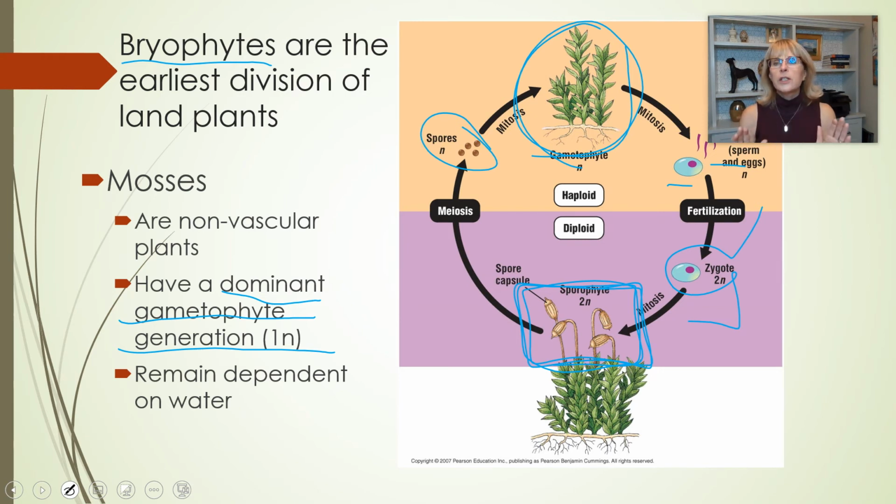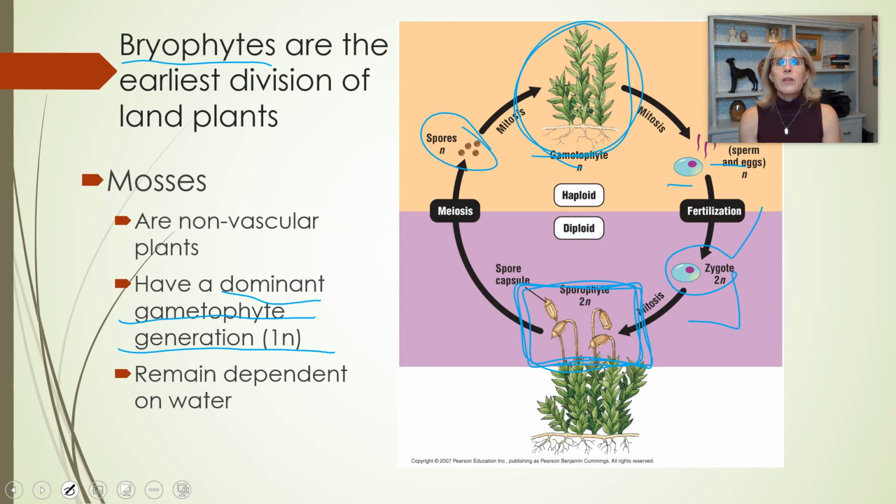Spores are also haploid; everything's haploid except for the sporophyte generation. These guys are entirely dependent on water. If they dry out, then they can't go on with their lives. They do have a dormant phase, but they need water constantly because they've got no cuticle, no waxy surface to keep them from drying out.